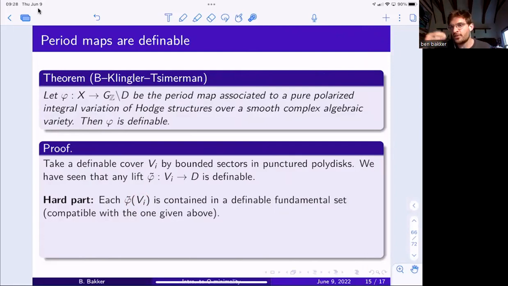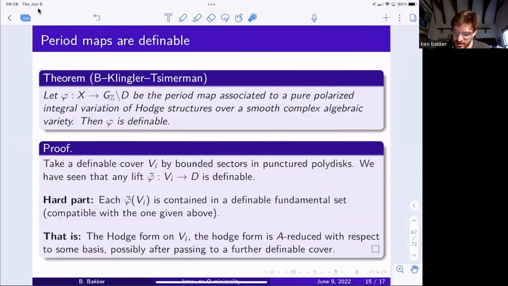And given how we've understood what the fundamental set is for giving the definable structure on D mod GZ, we can translate it into a statement about the asymptotic reducedness of the Hodge form. Okay, which is much more amenable to techniques that exist in Hodge theory.